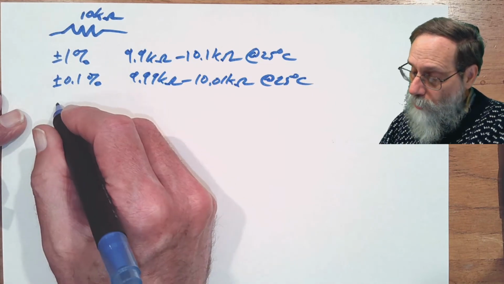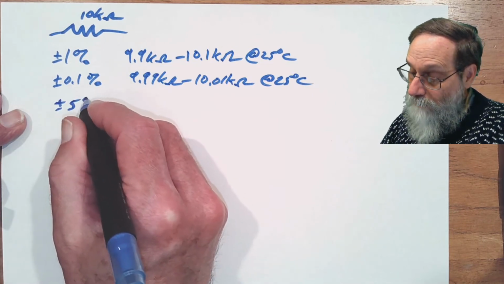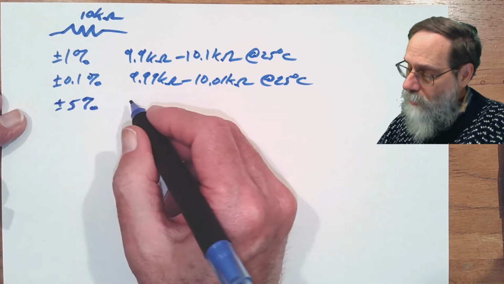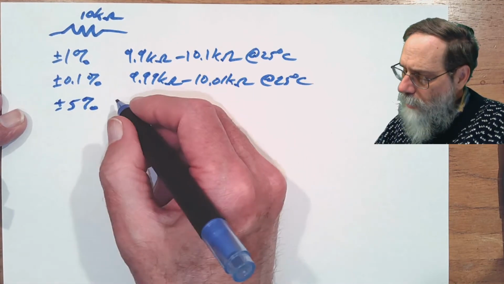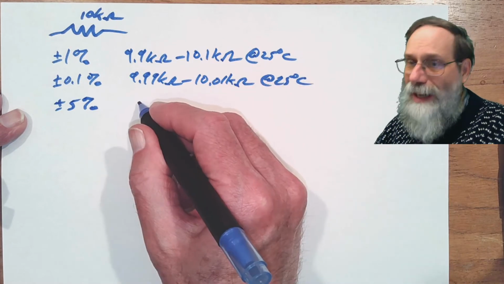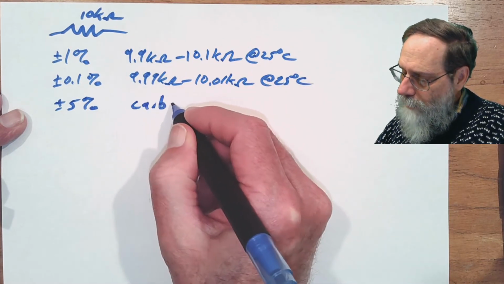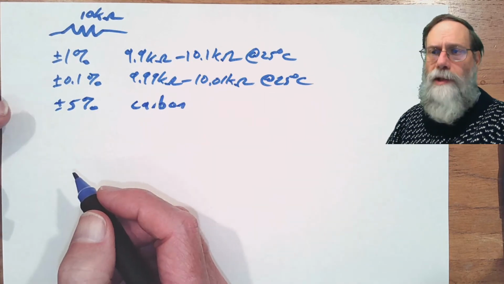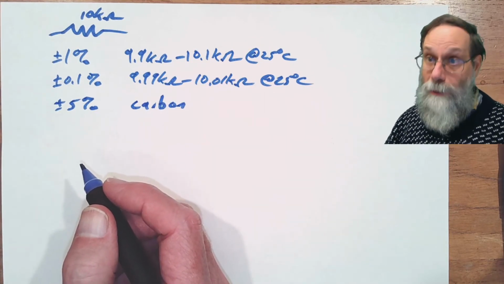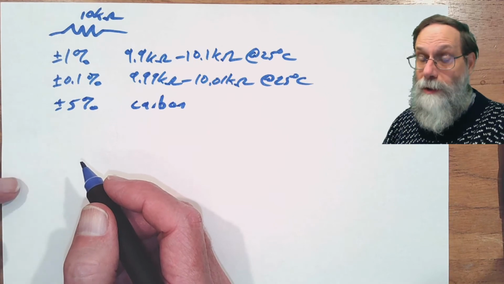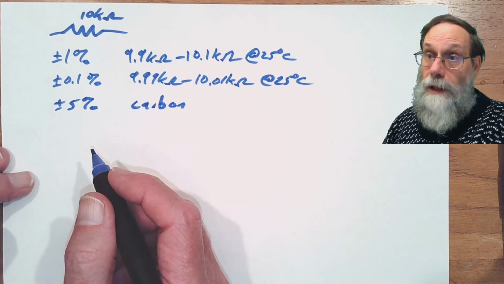There are some older ones around, which are plus or minus 5%. And those are done in a different way. Those are not metal film the way the 1% and 0.1% are. Those are carbon resistors, an older technology. Back when I was a kid, they were almost all carbon resistors because that was the cheap technology then.